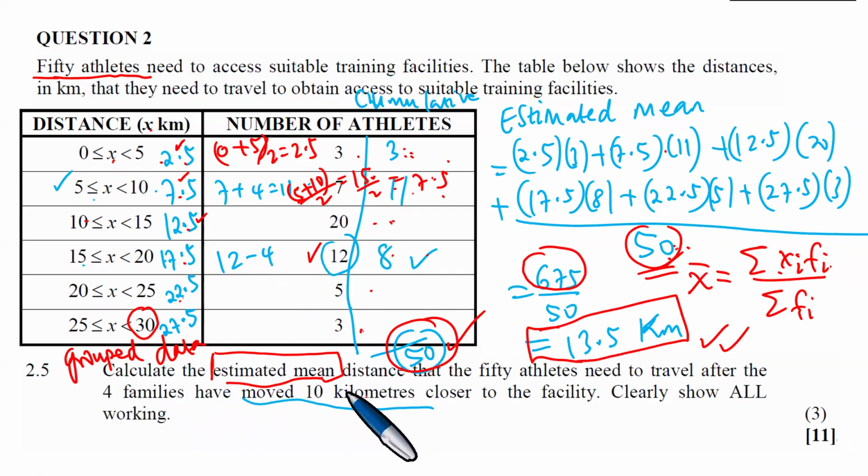The question says calculate the estimated mean distance that the 50 athletes need to travel after 4 families have moved 10 kilometers closer to the facility. Do you understand?